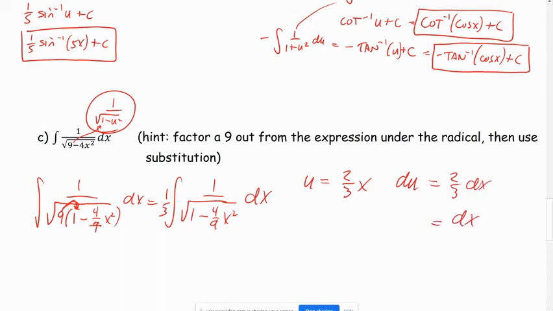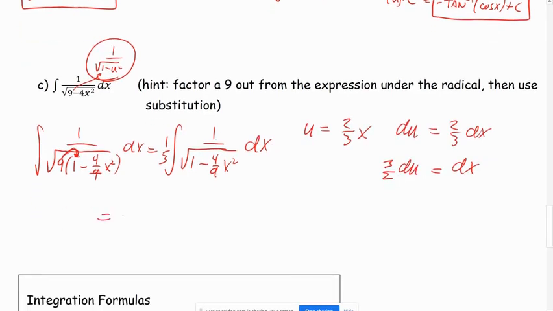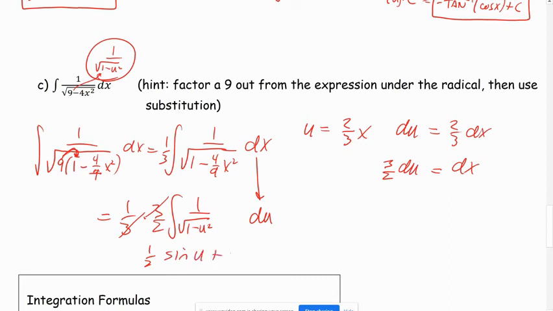So dx is going to be replaced by 3/2 du. Okay, so then this integral becomes 3/2 du replacing dx, and then we have 1 over the square root of 1 minus u squared, which is just inverse sine. These 3's cancel, so we get 1/2 inverse sine u plus c, and that is 1/2 inverse sine of 2/3 x plus c.